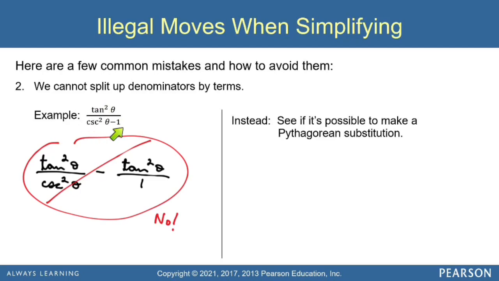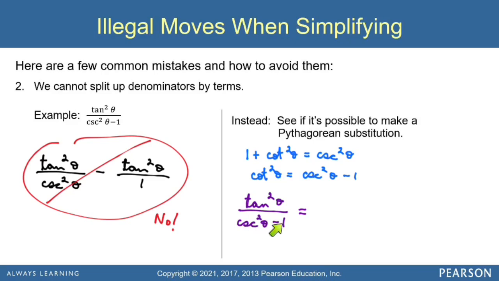Instead, a better way to handle a problem like this would be, if you've got 2 terms in the denominator, see if you can make a Pythagorean substitution. Here we know that cosecant squared theta minus 1 makes us think of our Pythagorean identity 1 plus cotangent squared theta equals cosecant squared theta. And this can be rearranged so that we have cosecant squared theta minus 1 is equal to cotangent squared theta.